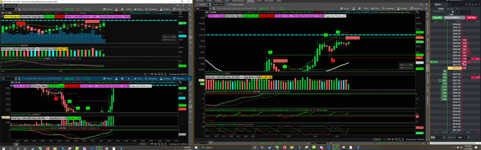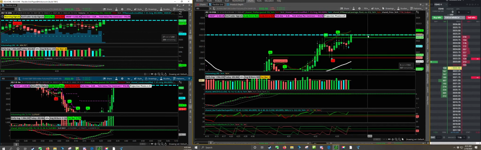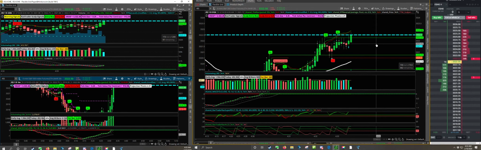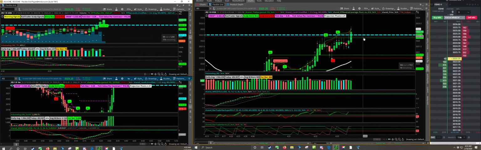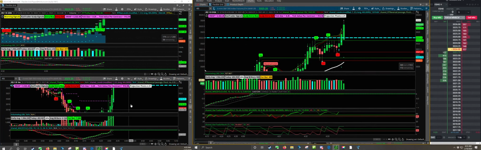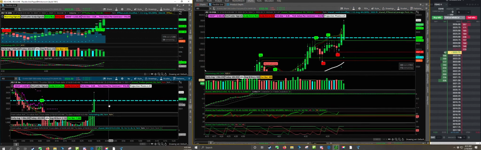We're consolidating right on the VWAP. Stop filled. Order filled. That 23 long had triggered. You would have won that trade.